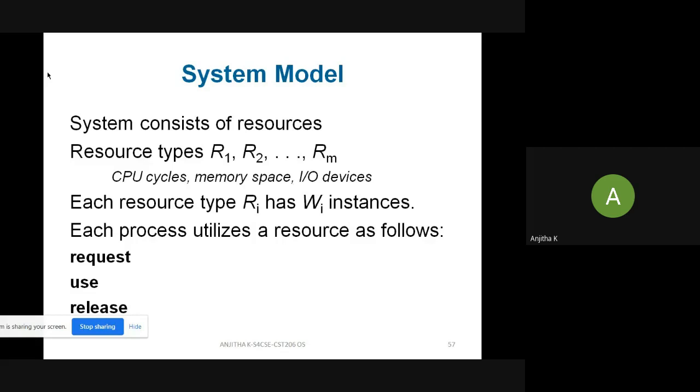So considering the system model, what is a system? A system consists of a finite number of processes. There will be many processes, and those will be cooperating processes.